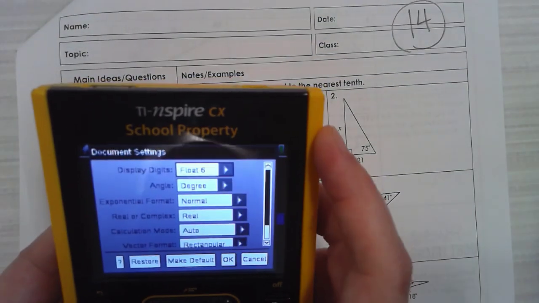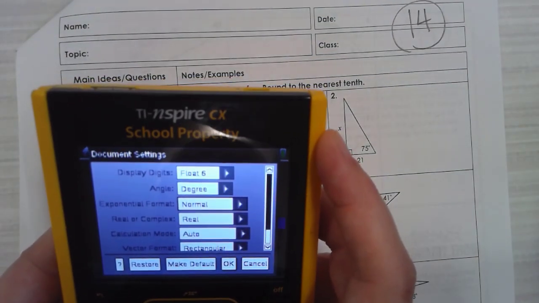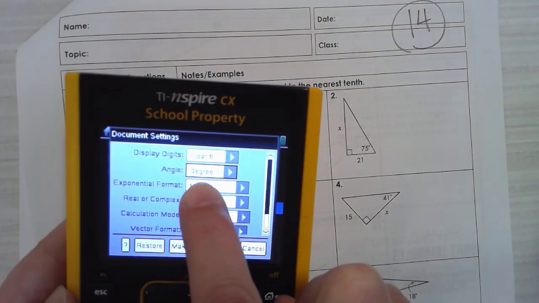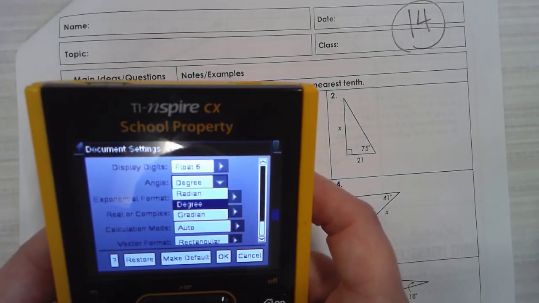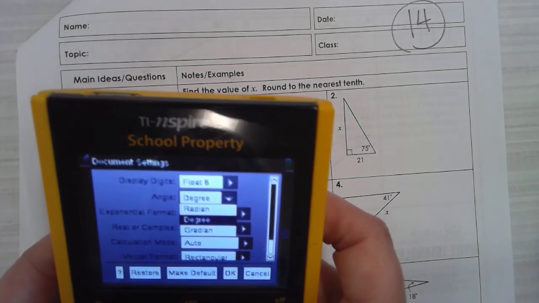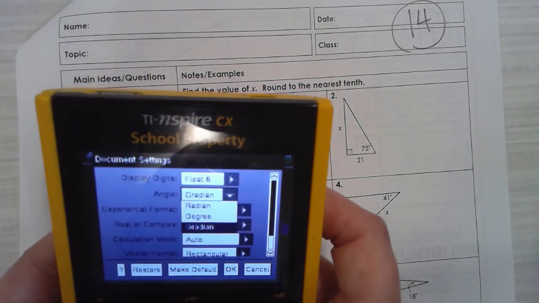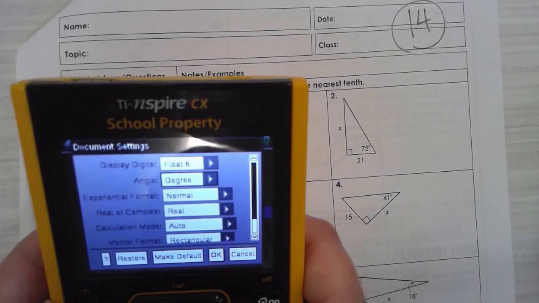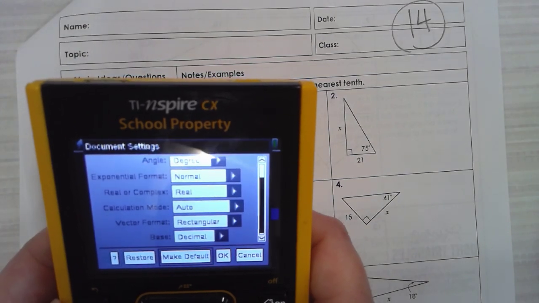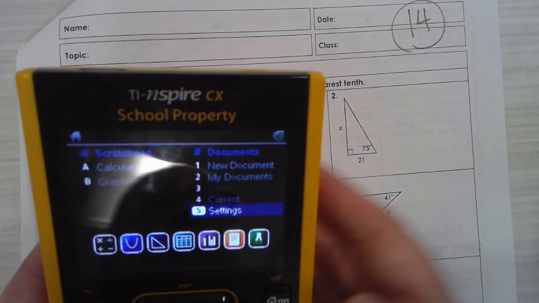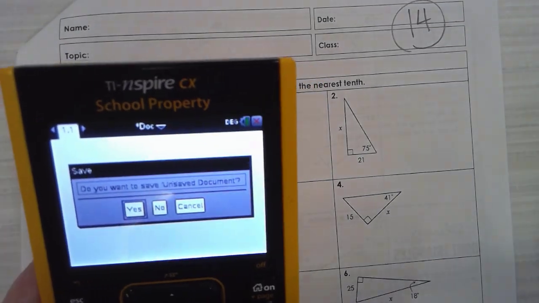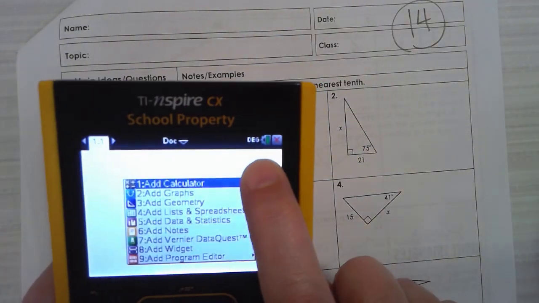And then the second thing down should say degrees instead of radians. So just click on that or do the side arrow and you can change from radians to degrees. And then once you're done, you go down here to the bottom to make default and it will stay that way. Okay. And then when you go into your new document, it should say degree up in the corner.